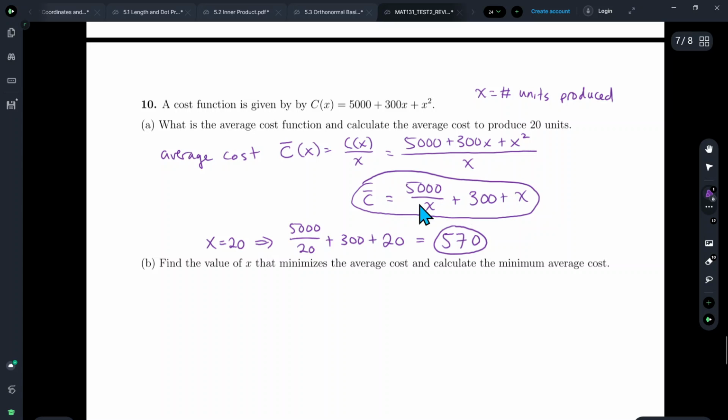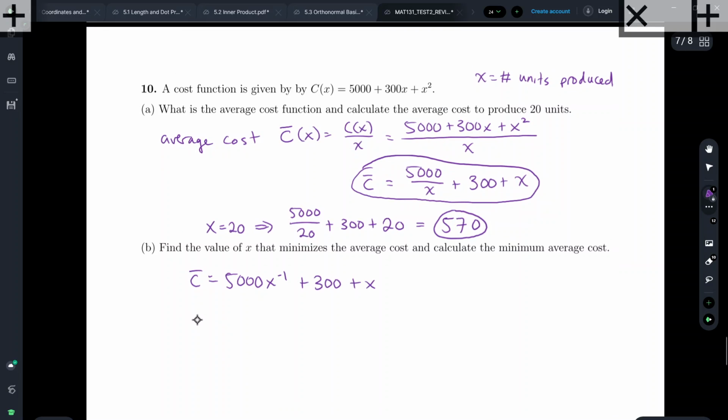So we need to take the derivative of the average cost, which is this function here. To make things easier, I'm going to think of the x in the denominator with a negative exponent, right? So C bar is equal to 5,000 x to the minus 1 power plus 300 plus x.